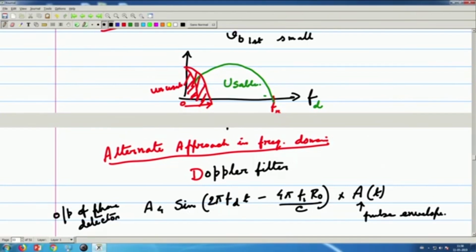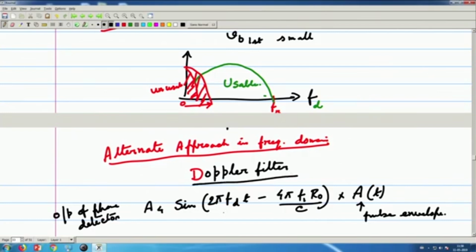Now, a pulse Doppler radar should also extract the range, and it will extract the velocity through the Doppler. Our scheme is to use a Doppler filter.